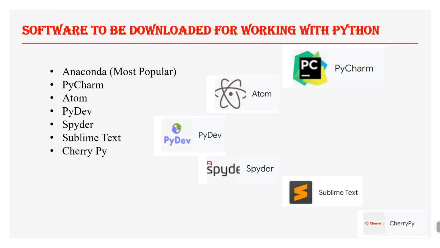So the important one which I am listing over here, the topmost one is Anaconda, which has all requirements for Python. PyCharm is one more, Atom is one more, PyDeveloper is one more, Spyder is one more, Sublime Text is one more, CherryPy is one more. These are all platform independent which can be installed in any operating system.